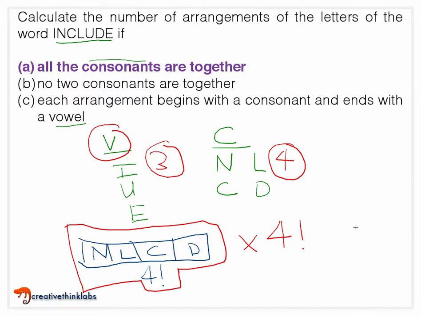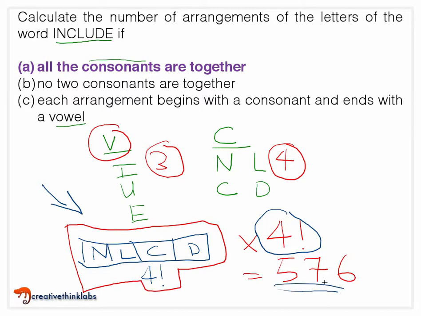So the answer to this question is 4 factorial multiplied by 4 factorial, which is 576. Now the thing that we need to keep in mind here is this operation right here. Once you have taken care of this restriction, which is the consonants being together, this needs to be considered as a block that can be rearranged between the 3 remaining vowels. That's why instead of doing 3 factorial, I have to do 4 factorial. And this will give you the answer that we need.